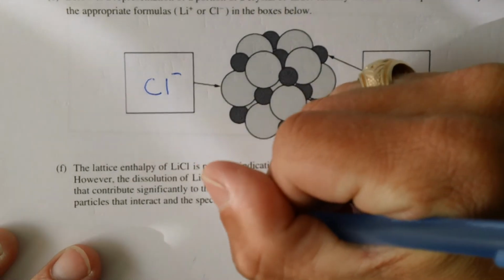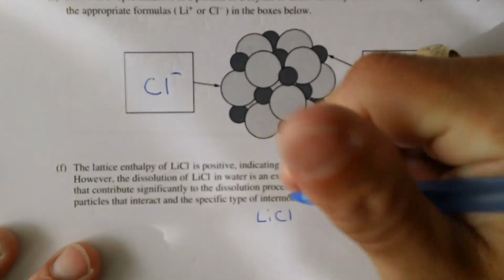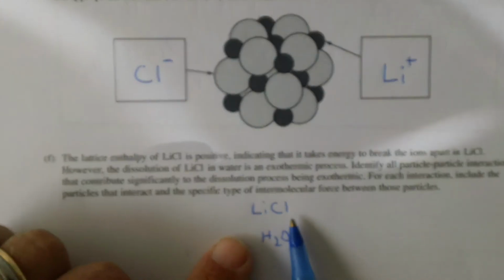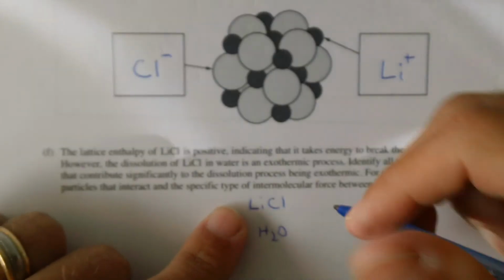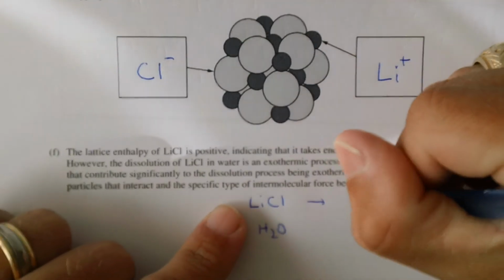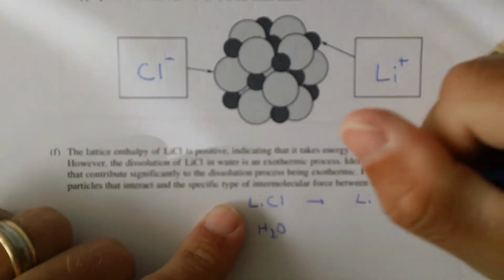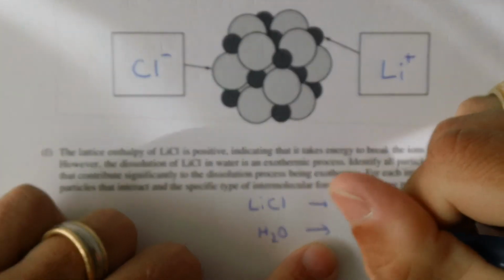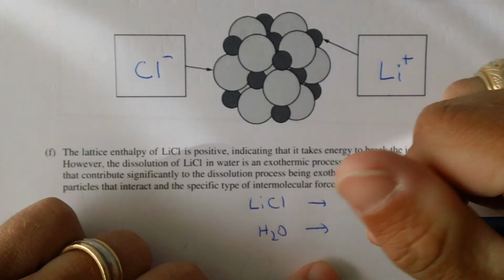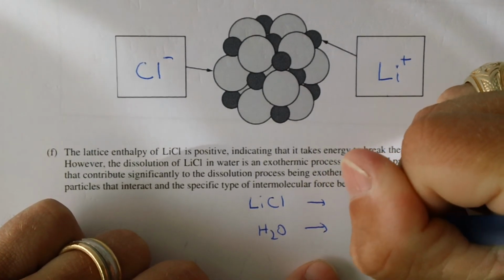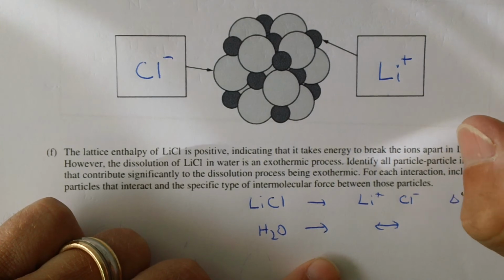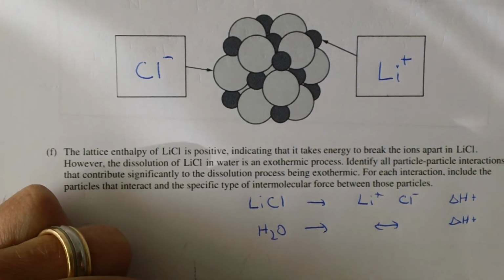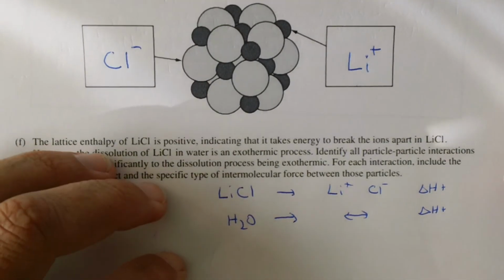When you've got lithium chloride and you want to dissolve it in water, the first two steps of this are endothermic. We've got to rip the lithium and the chloride charges apart. We've got to take all these water molecules that were really close together and pull them farther apart. Those are both endothermic. This is not answering the question, but those are both the endothermic parts. You got to stretch the lithium chloride and stretch the water.